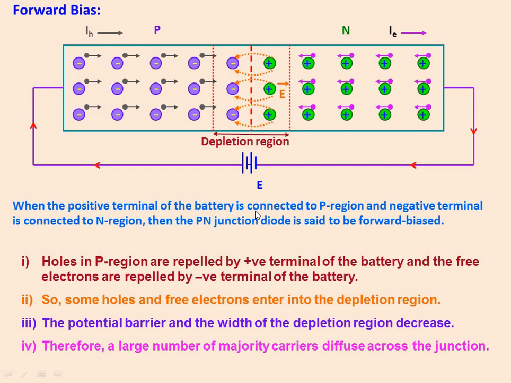When the positive terminal, which is the high potential of a battery, is connected to the p-type semiconductor, and the negative terminal, which is the low potential of a battery, is connected to the n-type semiconductor, then the junction diode is said to be in forward bias condition. Look at the figure carefully, you will understand that. Here I have already mentioned it. Are we clear with this?